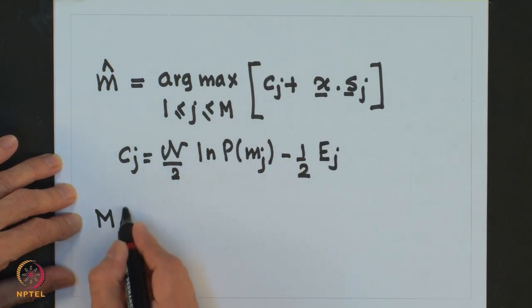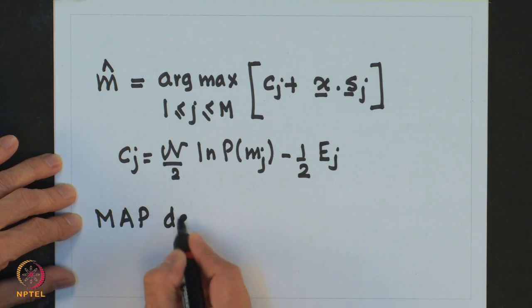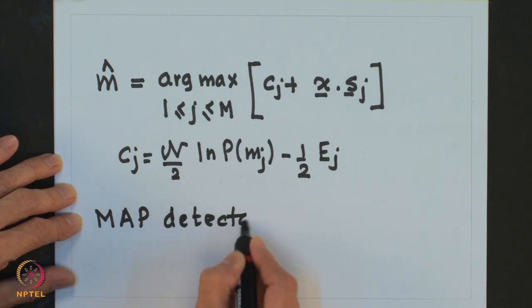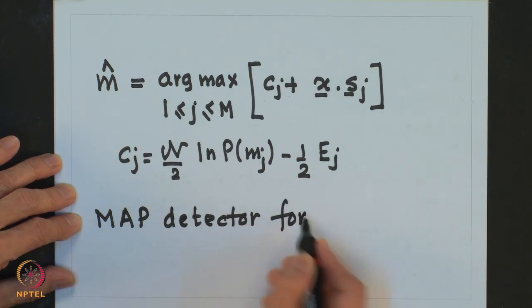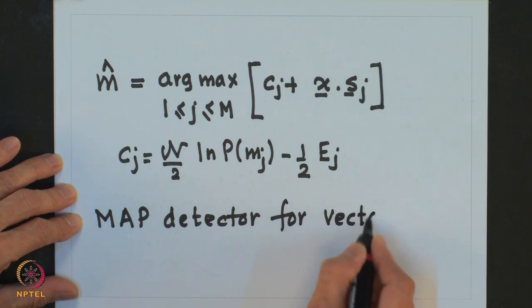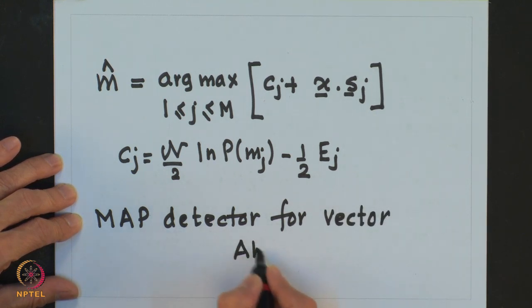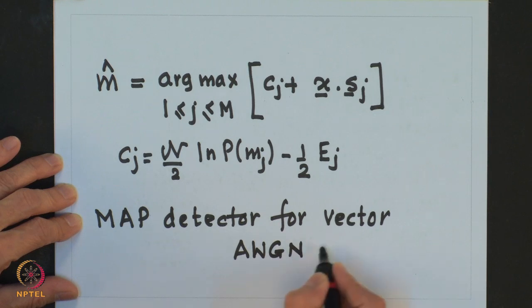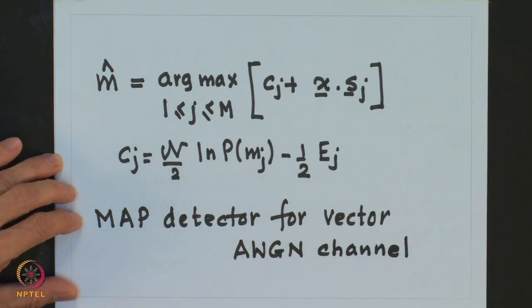So, this is a MAP detector for the vector additive white Gaussian noise channel. Okay.